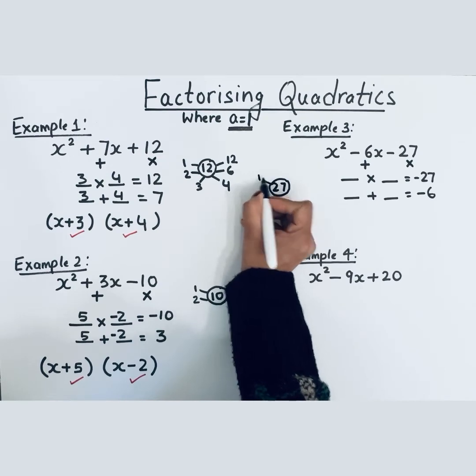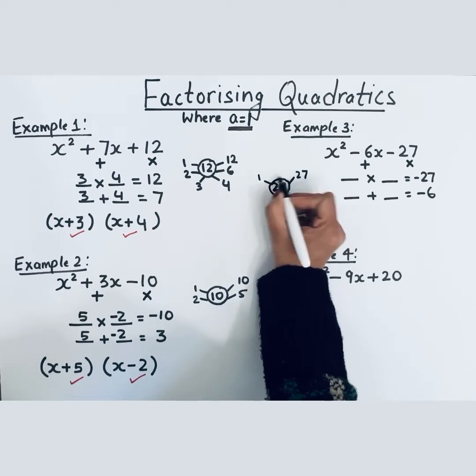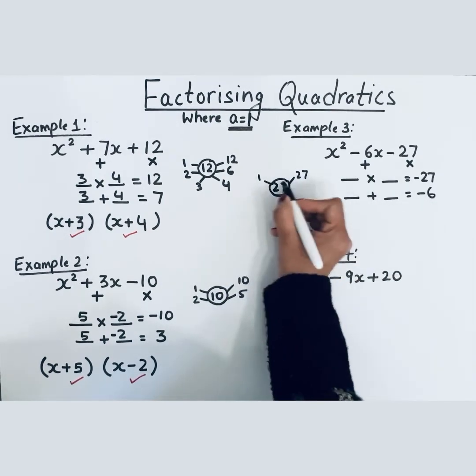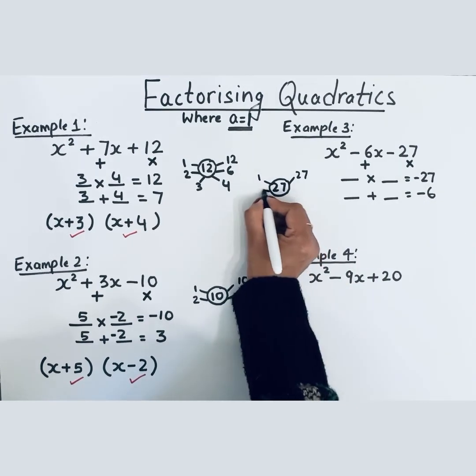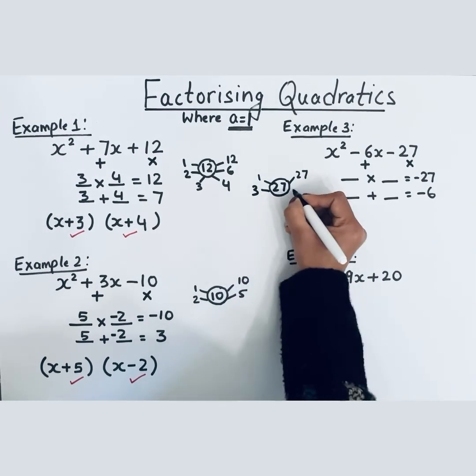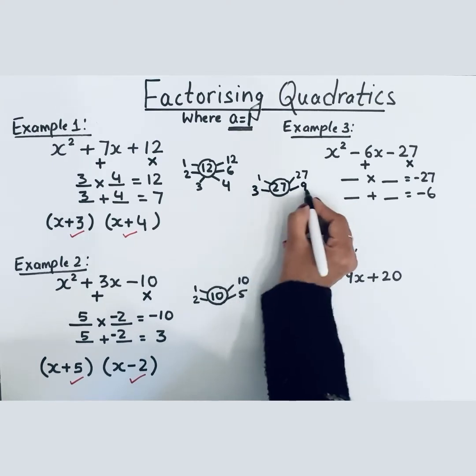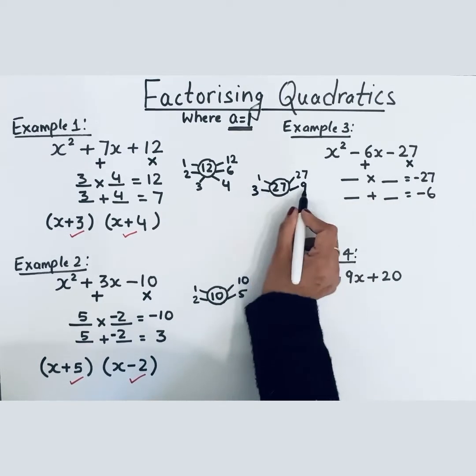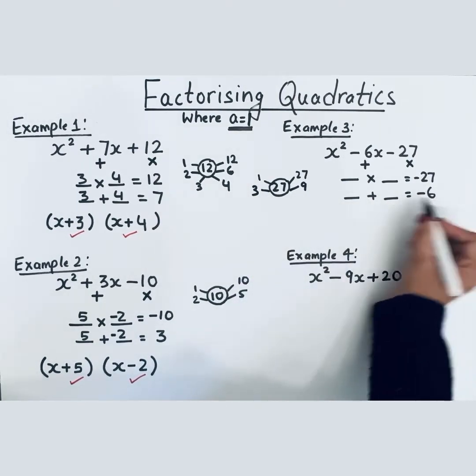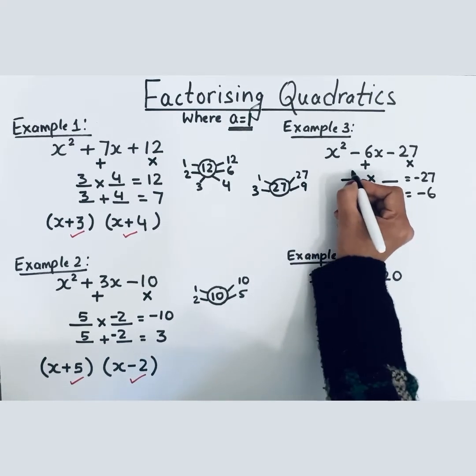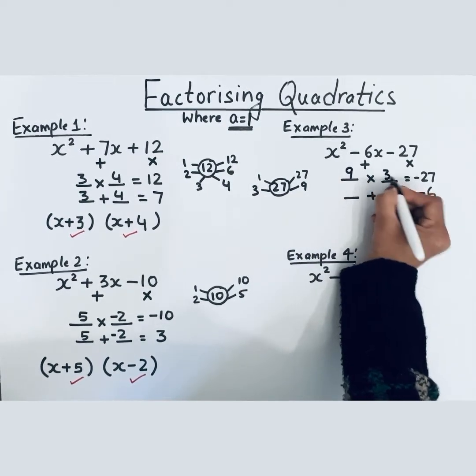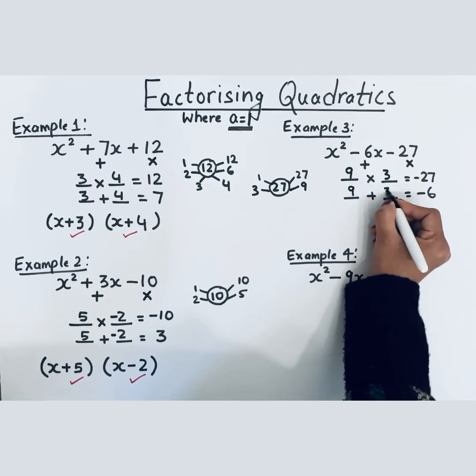So 1 times 27. The gap is way too big. That's not the number. 3 times 9. 3 times 9, that's 27, and the difference is 6. So that's possibly our answer. Let's write it down. 9 and 3.